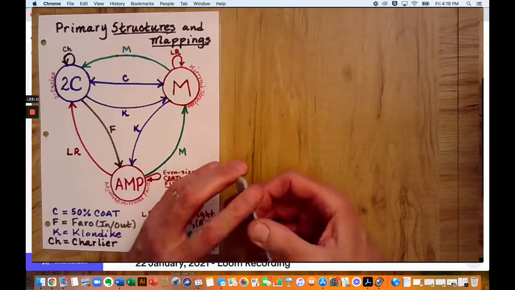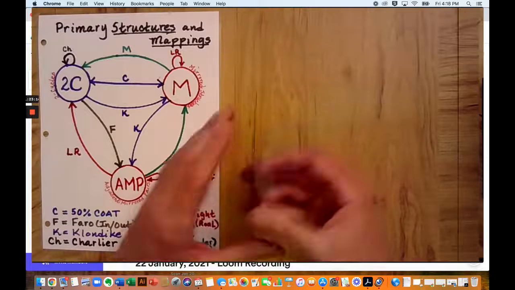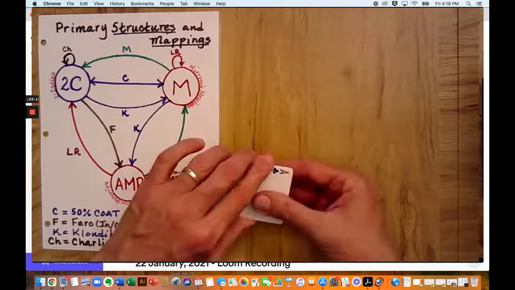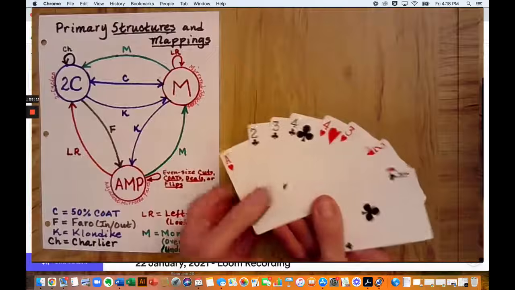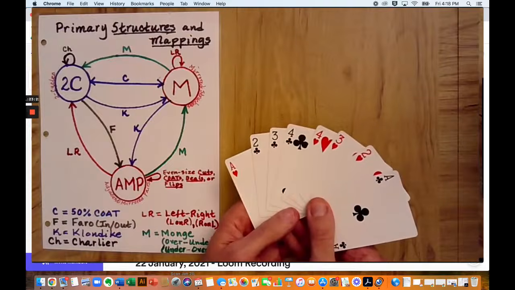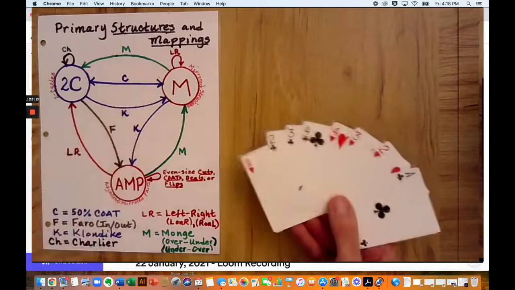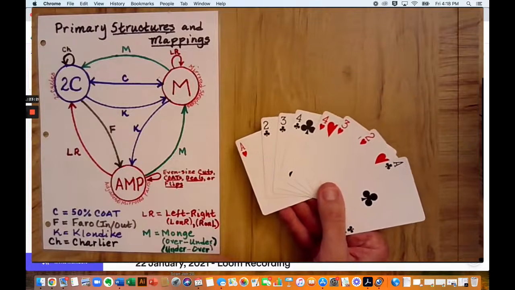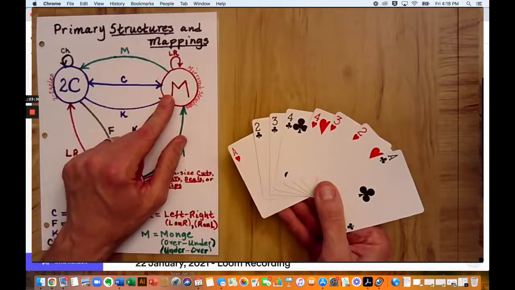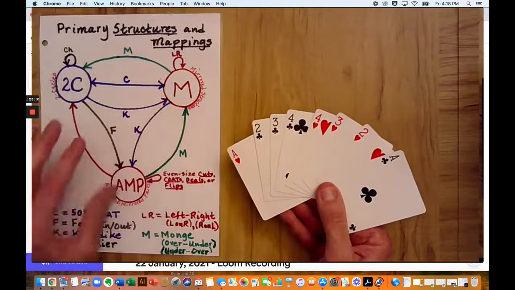So once you've counted out half the cards, you can stack them in either order, and guess what? It's still a 2 cycle. Oh, sorry, here we've gone back to a mirrored. So it's still a mirrored. Okay, so let's get back to a 2 cycle.